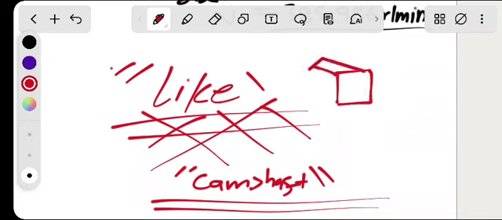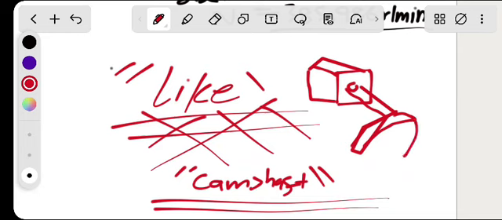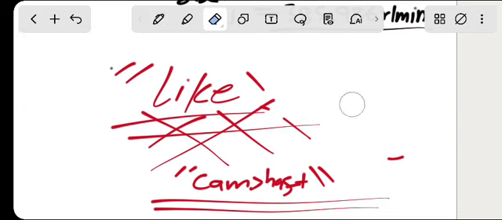Camshaft is sort of like that. Then you have a shaft that is acting there. We'll discuss this, but I have a diagram illustrating the camshaft.